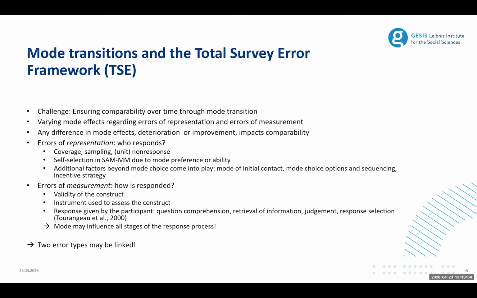But they could also influence the participants' response behavior, for example through social desirability, thus tapping into the errors of measurement side of the TSE. For assessment and for mitigation of mode effects, we need to try and separate these types of effects as well as possible.